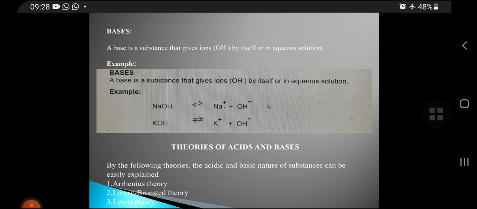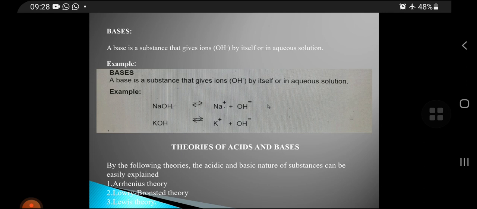We give some examples for acid and base. In acid, we take the HCl solution, which produces the positive ion H plus. In base, the examples are sodium hydroxide or potassium hydroxide, which produce OH minus ion.